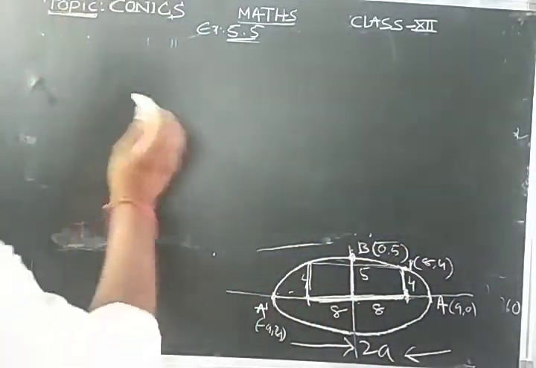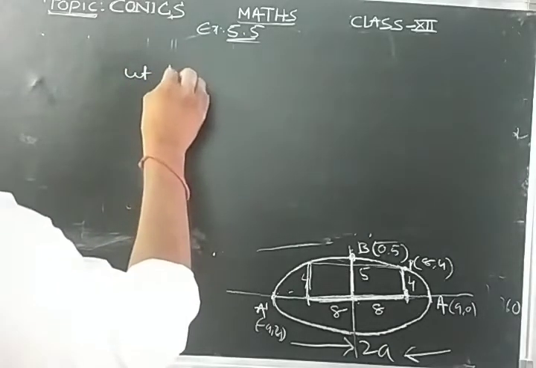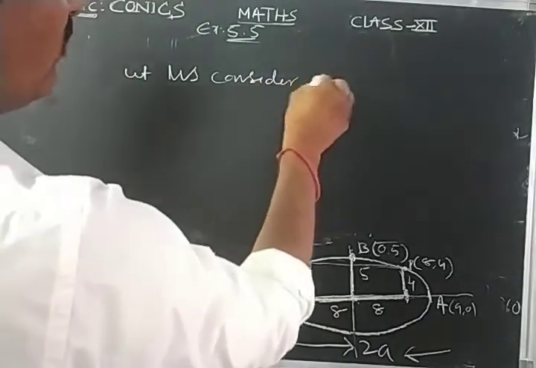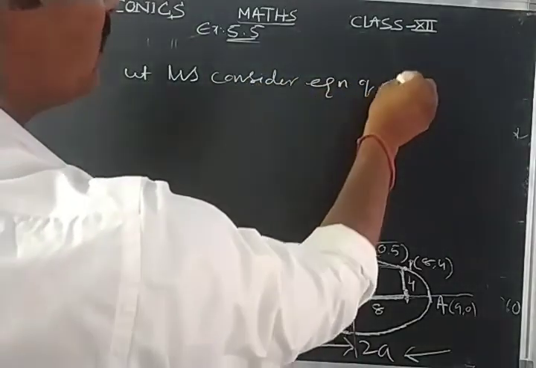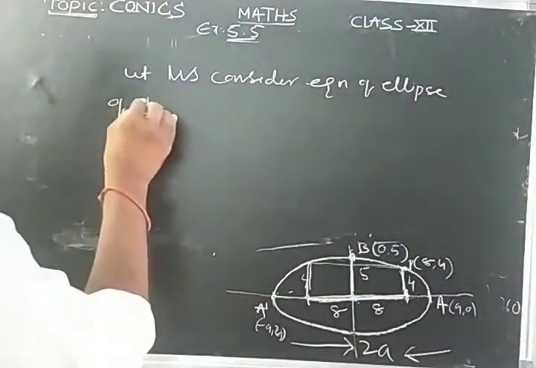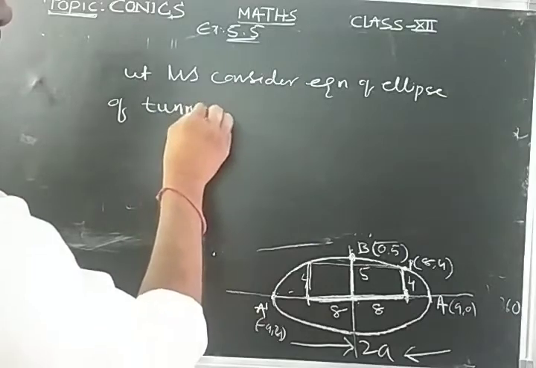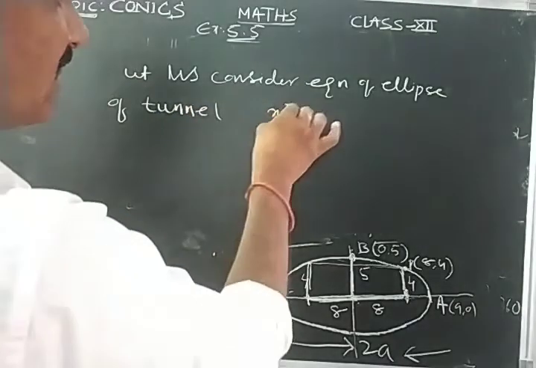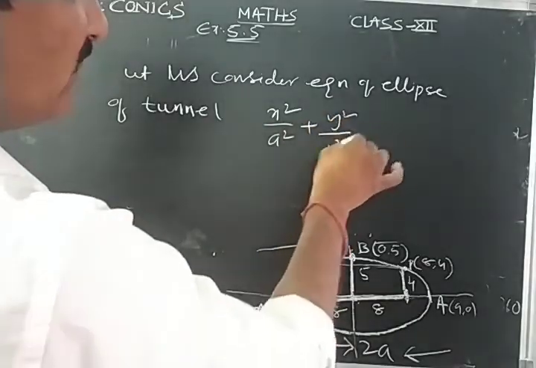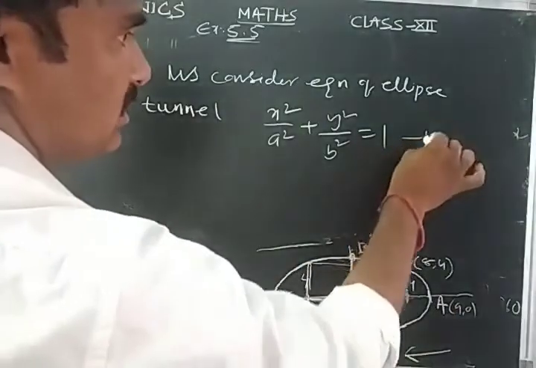Let us consider the equation of the ellipse of the tunnel: x square by a square plus y square by b square equals 1. This is the elliptical shape equation, say 1.